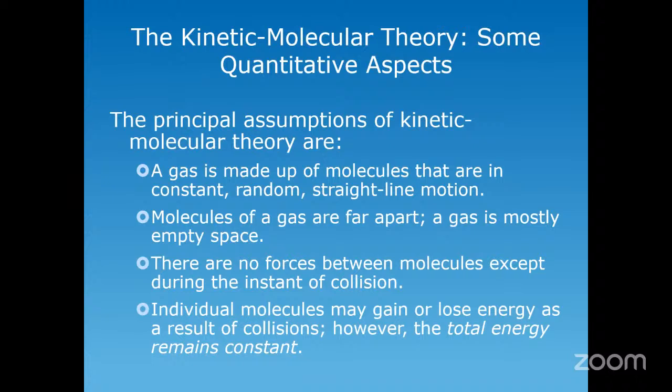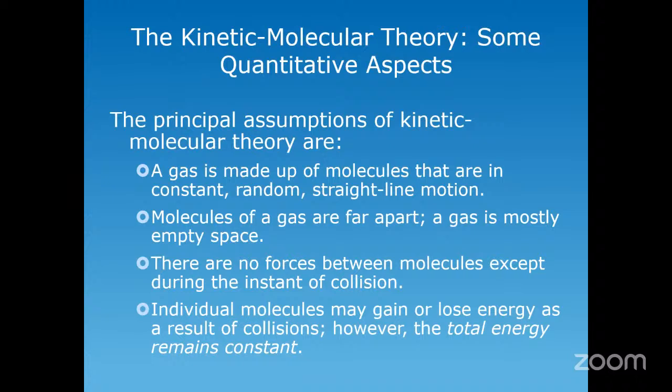But otherwise, they'll be traveling in straight lines. The second point is that the molecules are so small that they are far from each other, and therefore a gas in a container is mostly empty space. You do have the particles there, but the particles are very small, and the distance between them on average is very large.